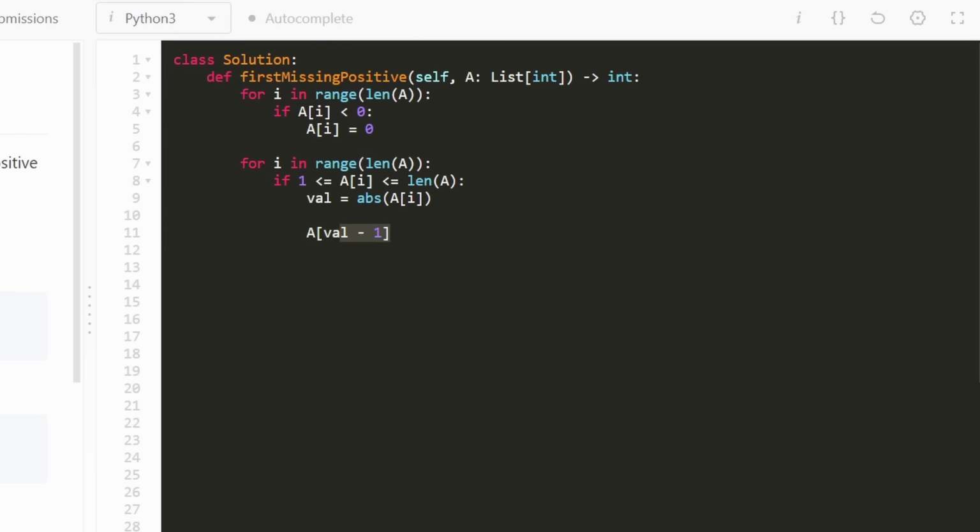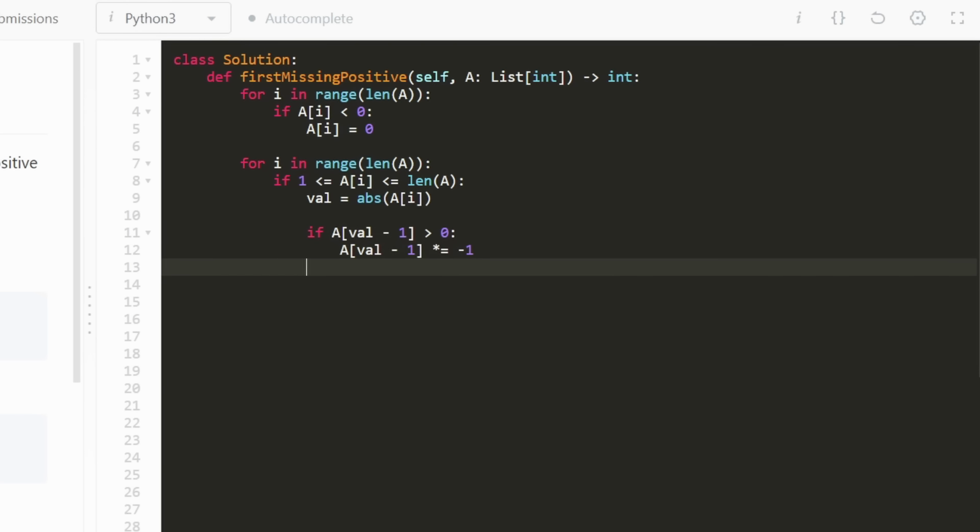We're doing that by taking this and creating it to be negative. So what we're going to do is basically say multiply this by -1. But remember, we're only going to be doing that if this value is originally value -1, if it's positive, right? If it's positive, then we want to make it negative. If it's negative already, then we don't need to do anything.